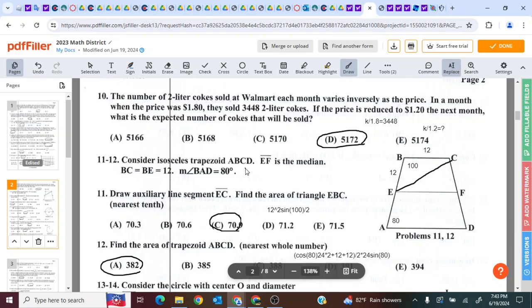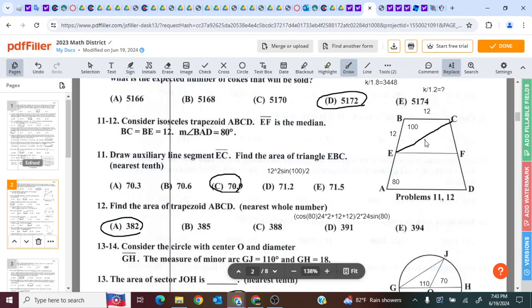Okay, consider this isosceles triangle. EF is the median, BC is equal to B is equal to 12, and BAD is equal to 80 degrees. Draw the line EC and find the area of this triangle. First off, since it's an isosceles triangle, you are guaranteed that this angle plus this angle up here has to add up to 180 degrees.